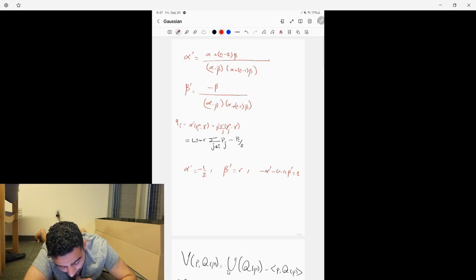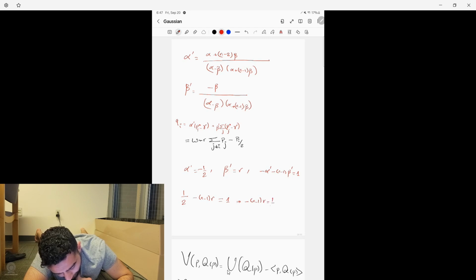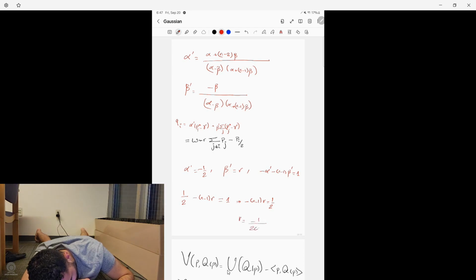Minus alpha prime, which is 1/2, minus n minus 1 R should be 1. So you're saying minus n minus 1 R should be 1/2, and R should be minus 1 over 2(n minus 1). That is not acceptable. That is not acceptable. R can be anything positive.